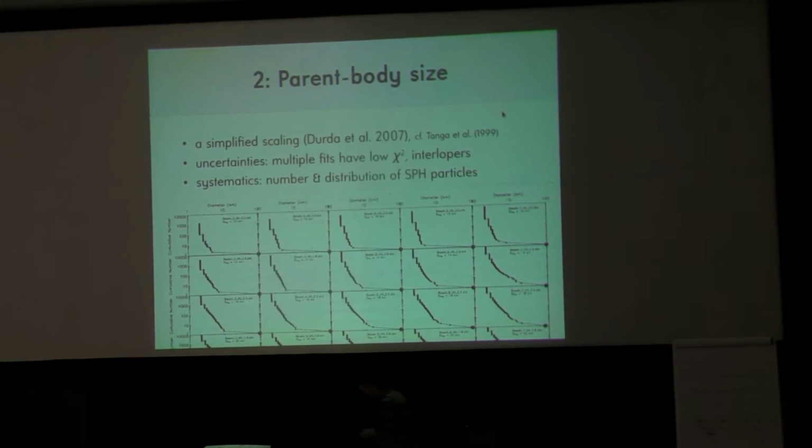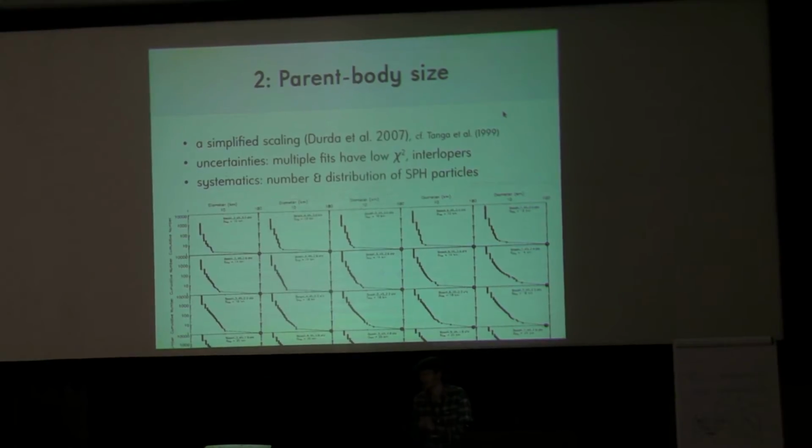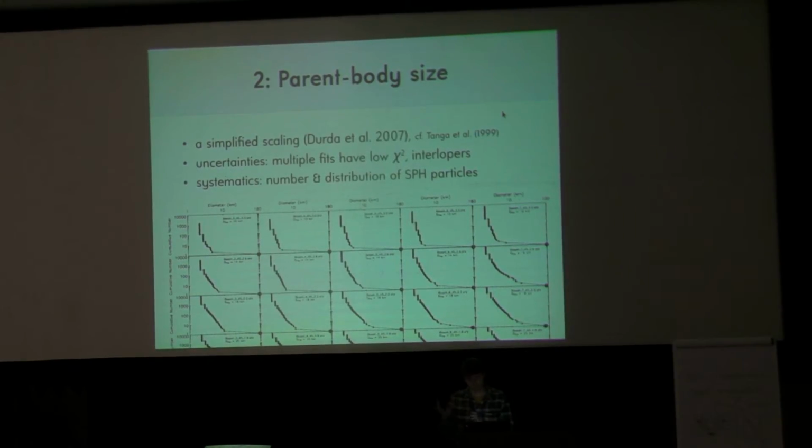Let's go to number 2, which is the parent body size. It's an important thing to determine if you would like to compare your collision model to the observed families. We usually use a simplified scaling as devised by Durda et al. 2007. The uncertainty of the parent body size is dominated in this case by the fact that multiple fits have the same chi-square.